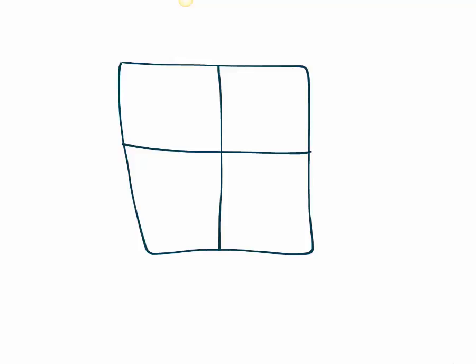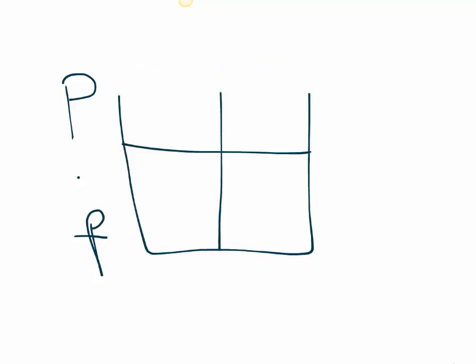That means that the mother is big P little p, the father is big P little p. When they make eggs and sperm during meiosis, 50% of her eggs are going to be big P, so we'll put her on the side, and 50% of her eggs are going to be little p, so we'll put that down on the side there. Same thing with dad, big P, made this a little too tall.